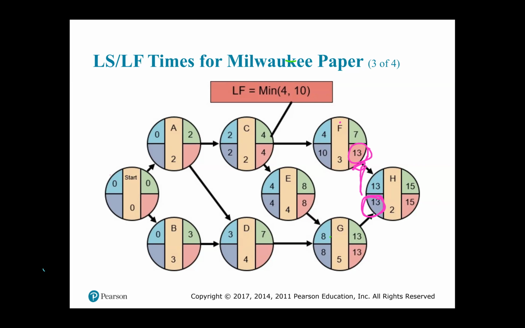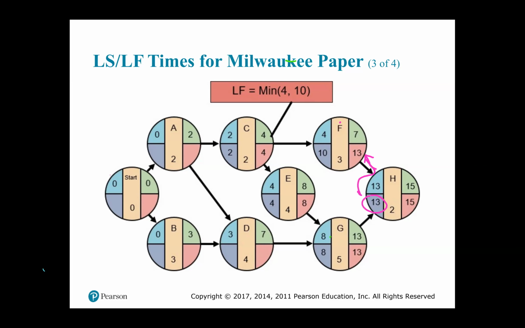Because there's an arrow that came from F to H. So remember, you're walking backwards, so you're backtracking on the arrows, right? You're going backwards now from H to F, and you're carrying the 13 with you.